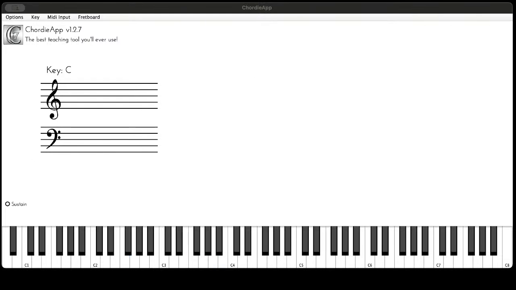But again, I'm going to stick to the first four bars. 1, 2, 3, 4, 1 and 2 and 3 and 4.